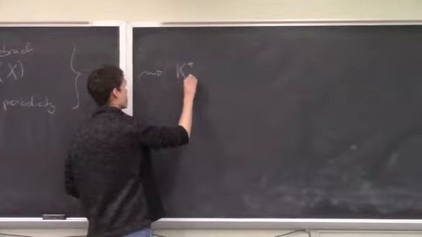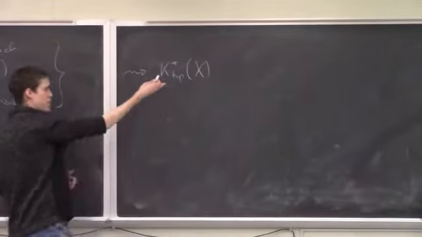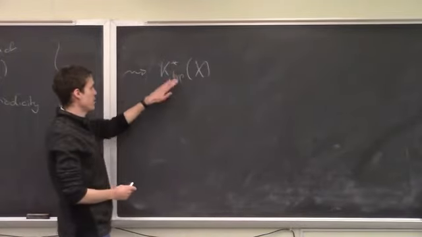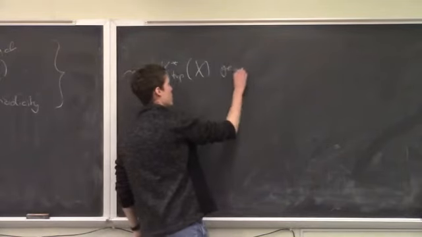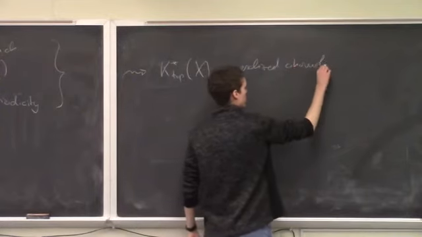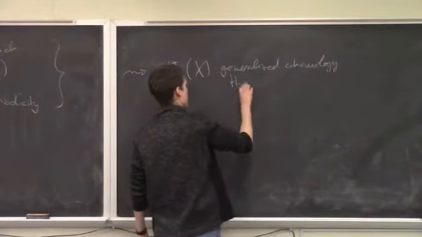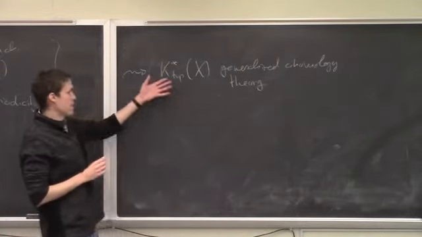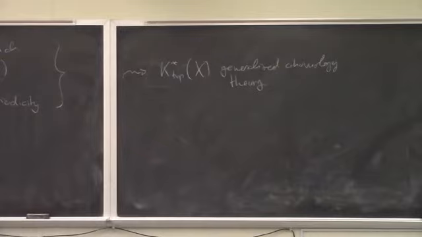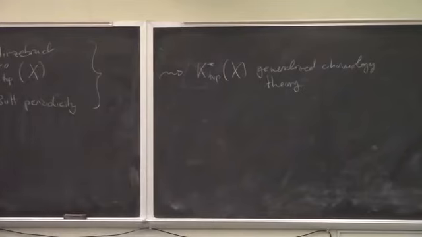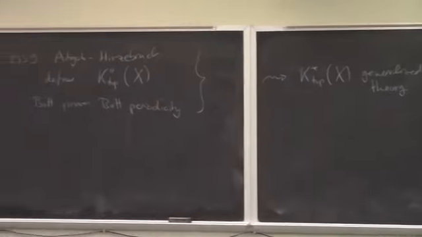They were able to define K star top of X, where star could be any integer, and this was a generalized cohomology theory. That means this thing satisfies all the axioms that ordinary cohomology satisfies, except that if I plug in a point here, I don't just get Z, I get something more complicated. But that's the only difference.